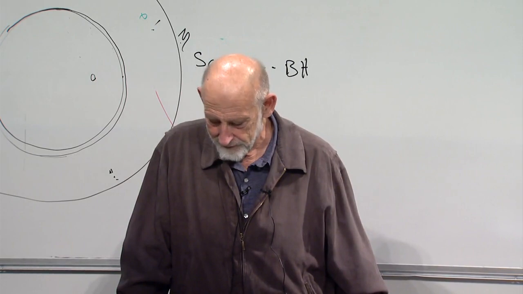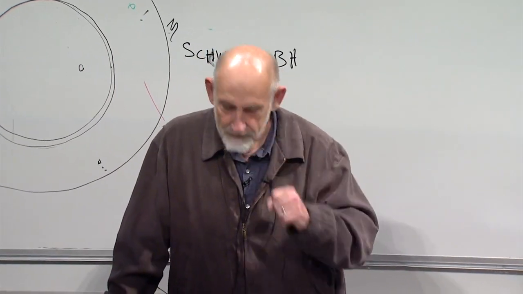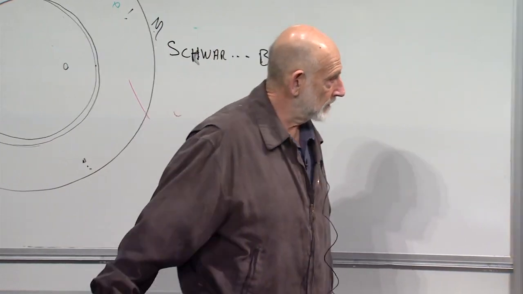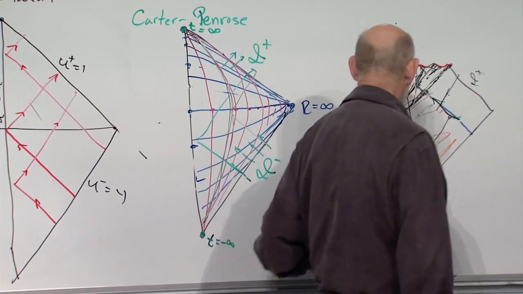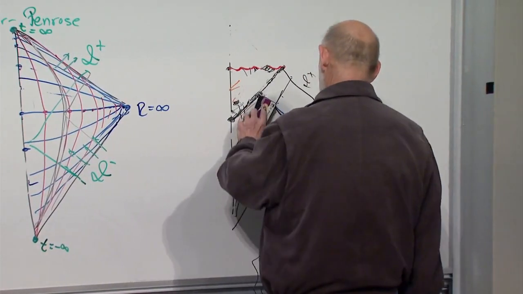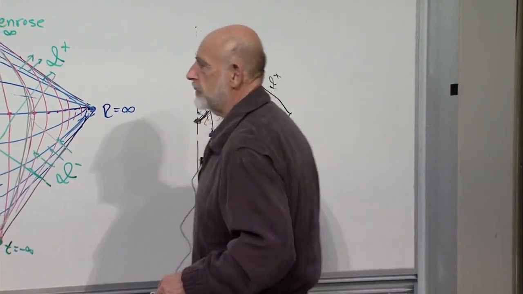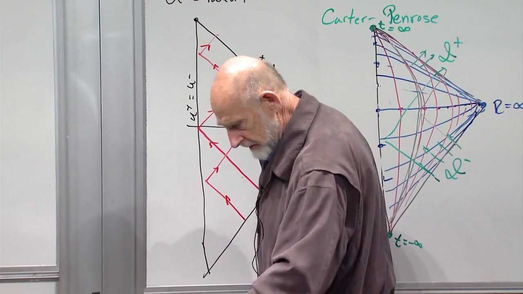So no matter how fast he accelerates toward the event horizon, he can't get there in time before the shell comes in. All right, so let's ask about what the relationship between these pictures is.